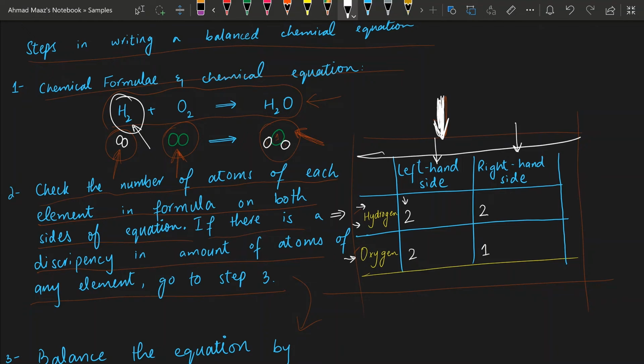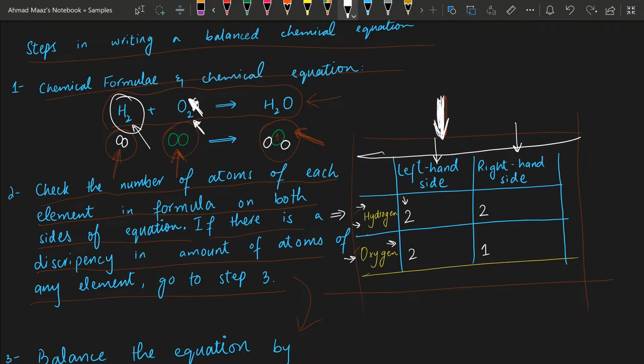So we need to write down the number of atoms, not the molecules. So there are two hydrogen atoms, and there are two oxygen atoms as well. There is one molecule of oxygen written which has two oxygens. This 2 shows there are two oxygen atoms in one molecule of oxygen.